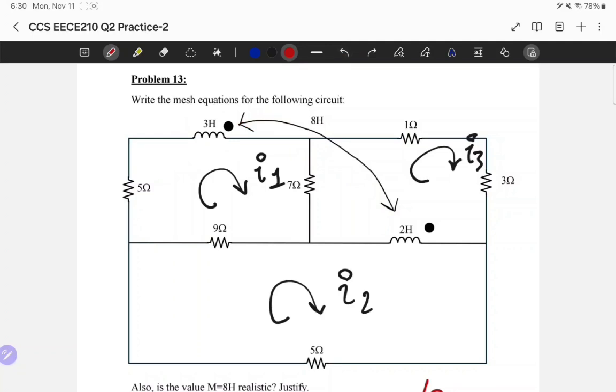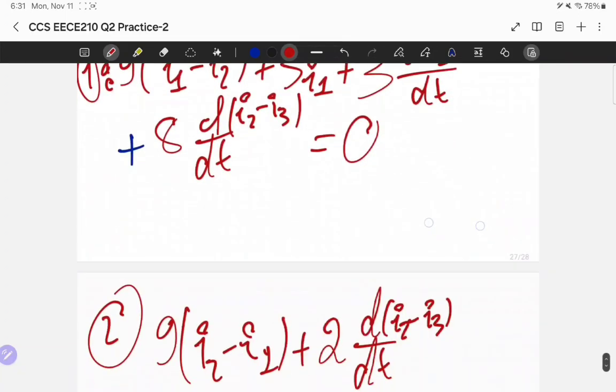I decide what's the current that is flowing into the dot. I want the current to enter from the dot side. Now the current that enters from the dot side, here we have I1, which is entering from the opposite side of the dot. So minus I1 flows into the dot.